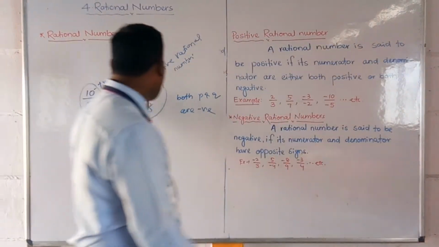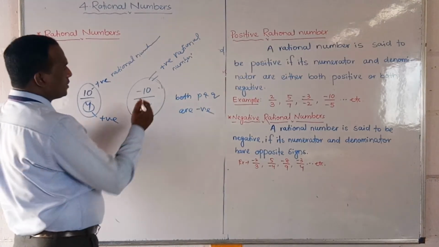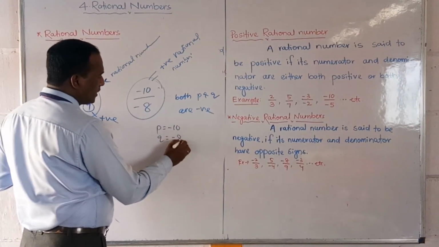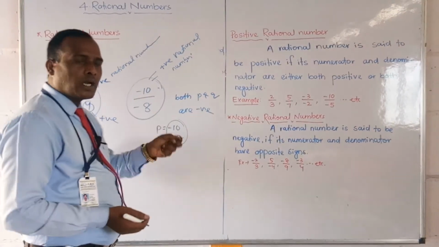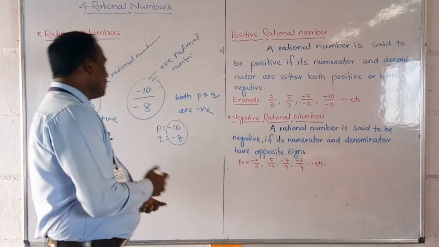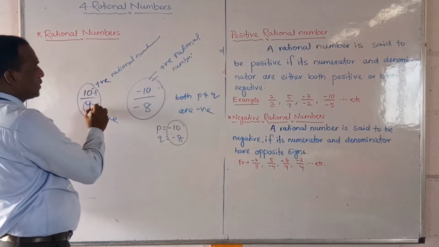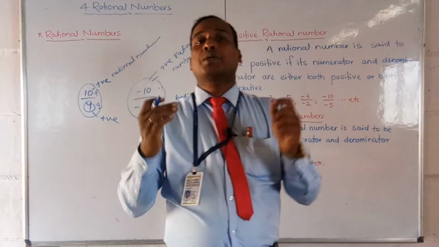So look at here students. What is a positive rational number? When both p and q are, here p is equal to minus 10 and q is minus 8, both are negative. Hence p and q are either both negative or both positive. Then we can say the rational number is a positive rational number.